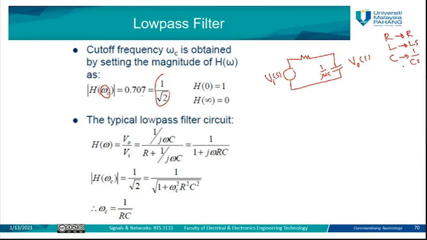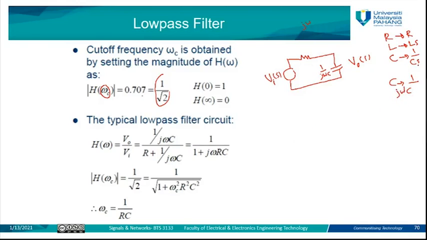Because in this chapter our focus is more on omega and j omega, we are not talking about the S domain. We talk about the frequency domain, the exact value of omega. So S will be represented by j omega, so 1 over C S becomes 1 over j omega C.